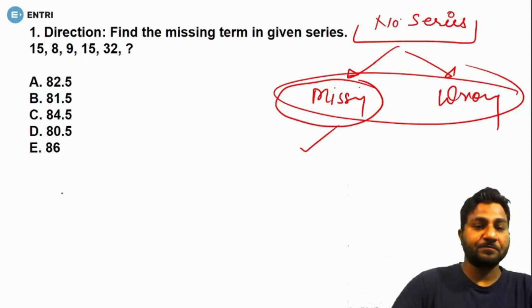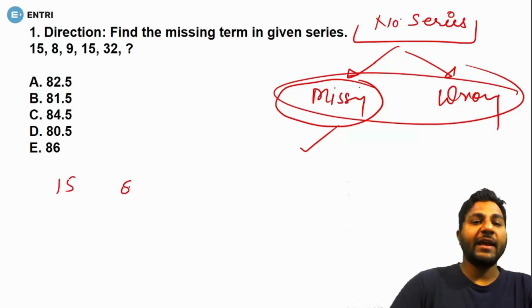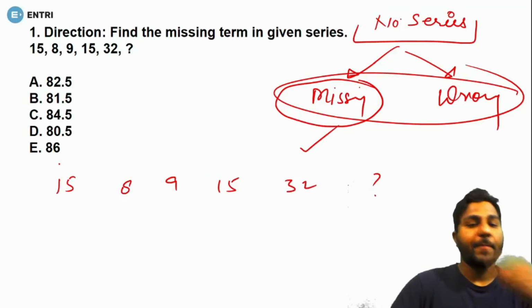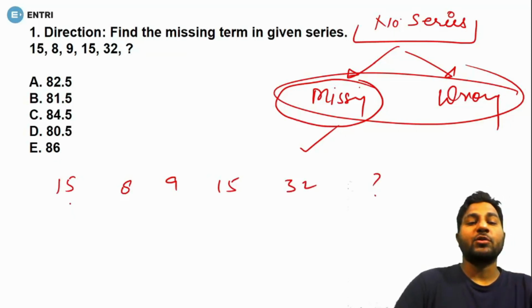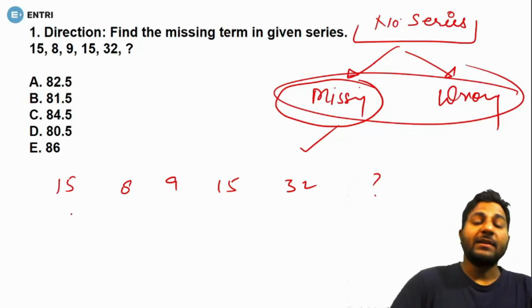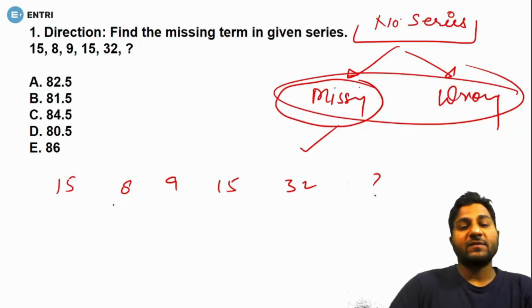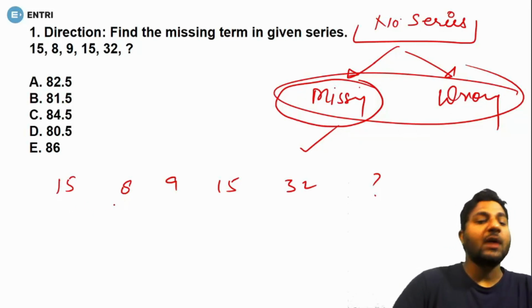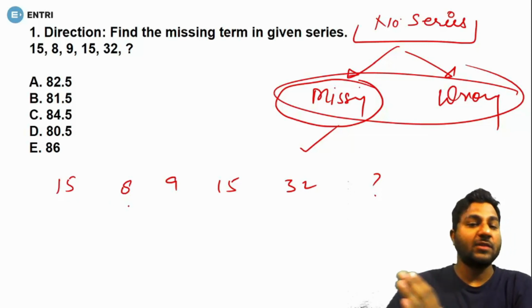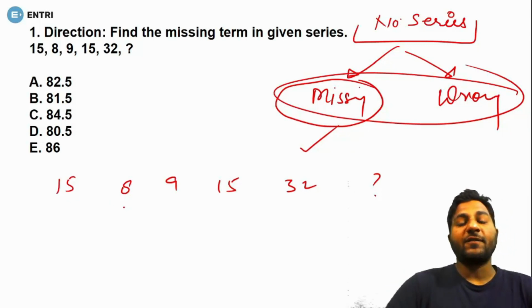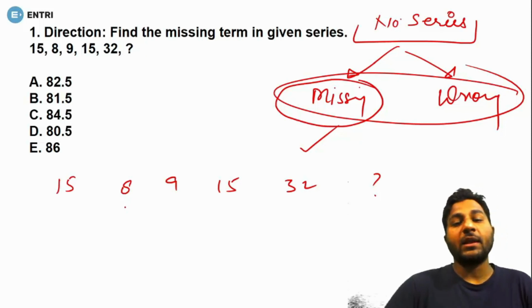So look at this: 15, 8, 9, 15, 32, question mark. How are you going to approach this question? First of all, let's take the difference. But the difference won't work, because in the first step the sequence has gone down, while after the first number it increases.